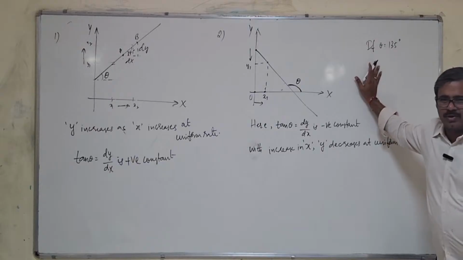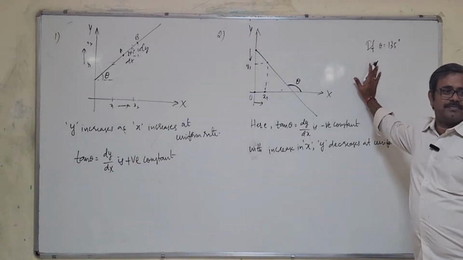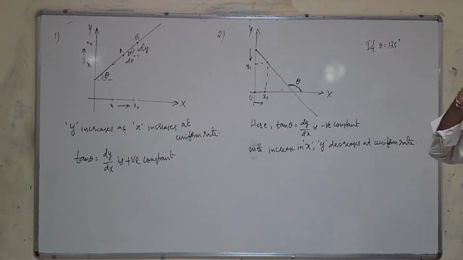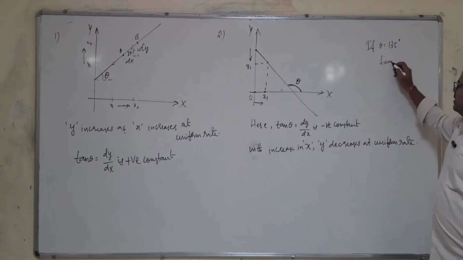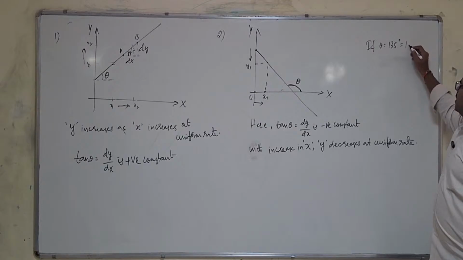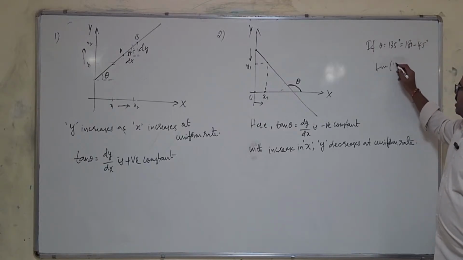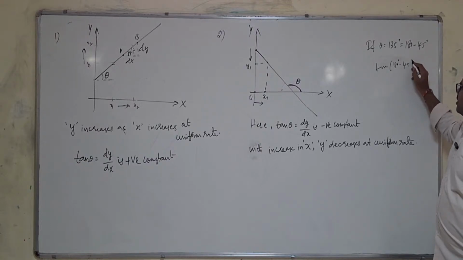If theta is equal to 135 degrees, is it positive or negative? Negative. So it is -1. Tan theta is equal to -1. Theta is equal to 135 degrees means 180 degrees minus 45 degrees.